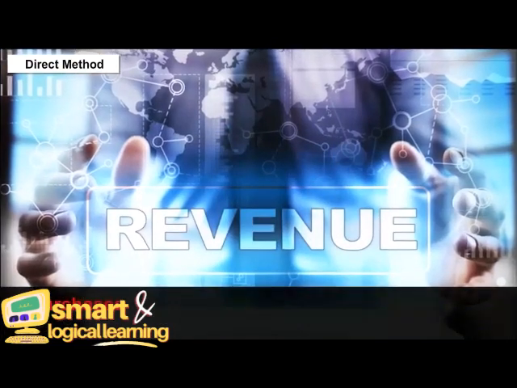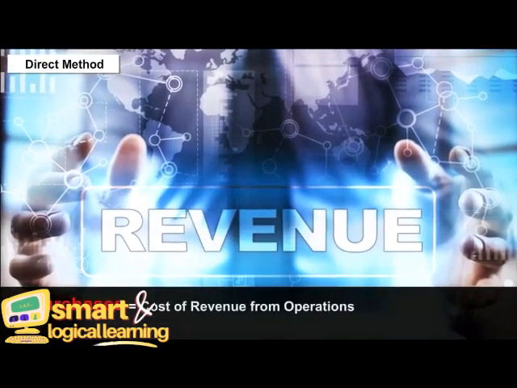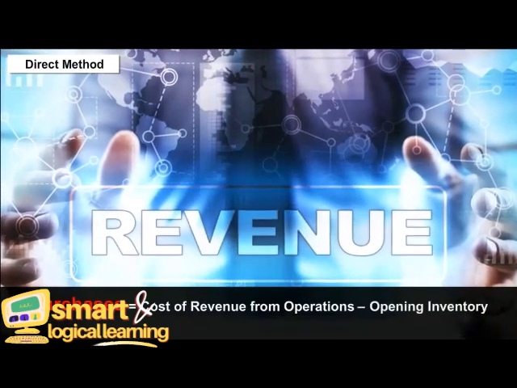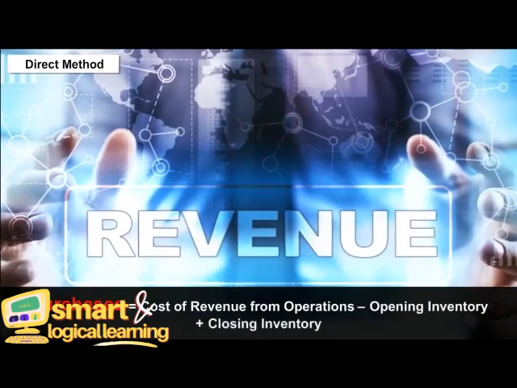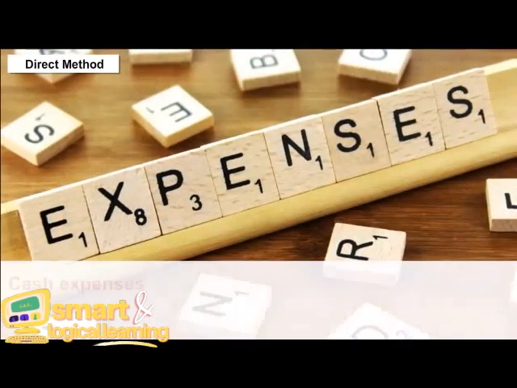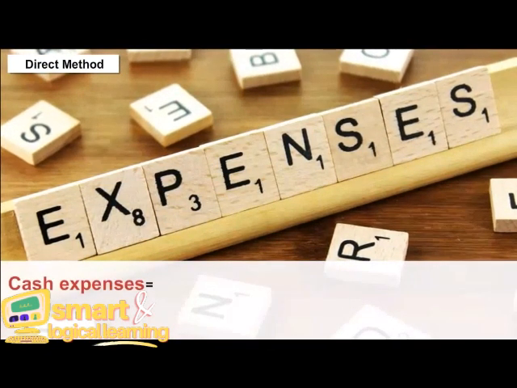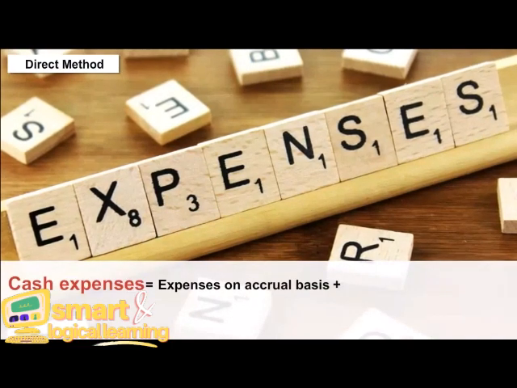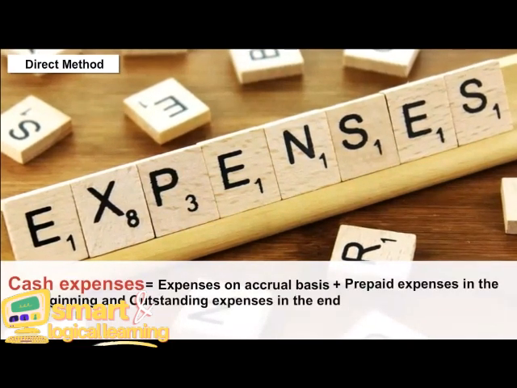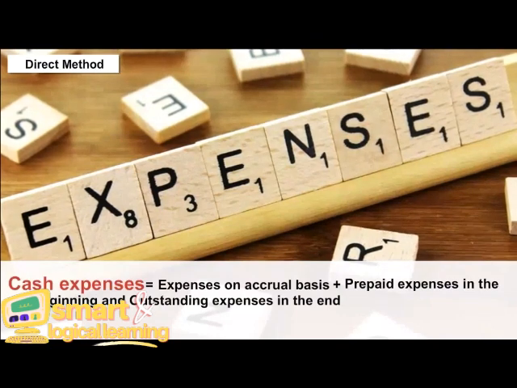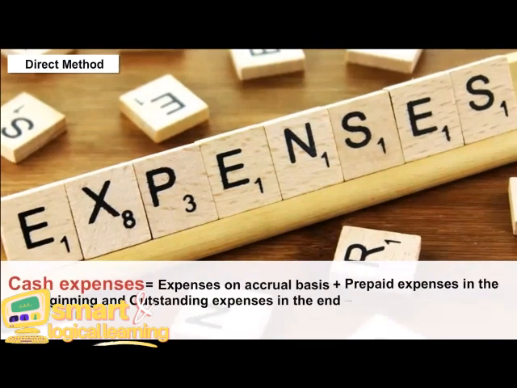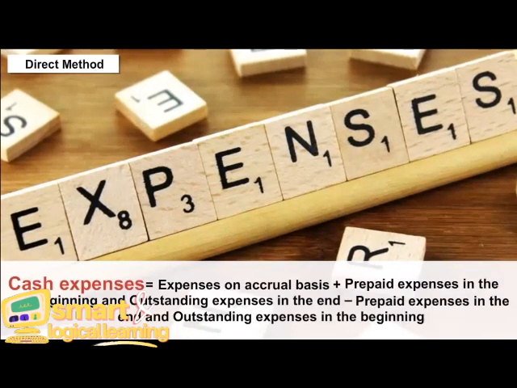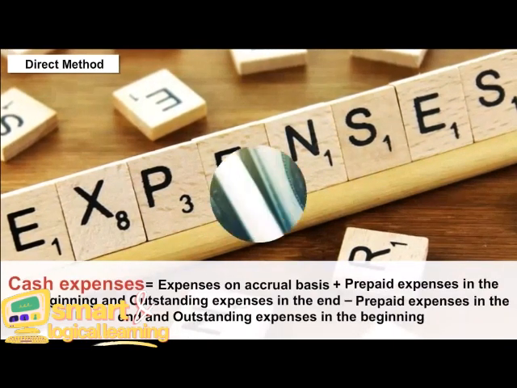C. Purchases equal cost of revenue from operations minus opening inventory plus closing inventory. D. Cash expenses equal expenses on accrual basis plus prepaid expenses in the beginning and outstanding expenses in the end, minus prepaid expenses in the end and outstanding expenses in the beginning.